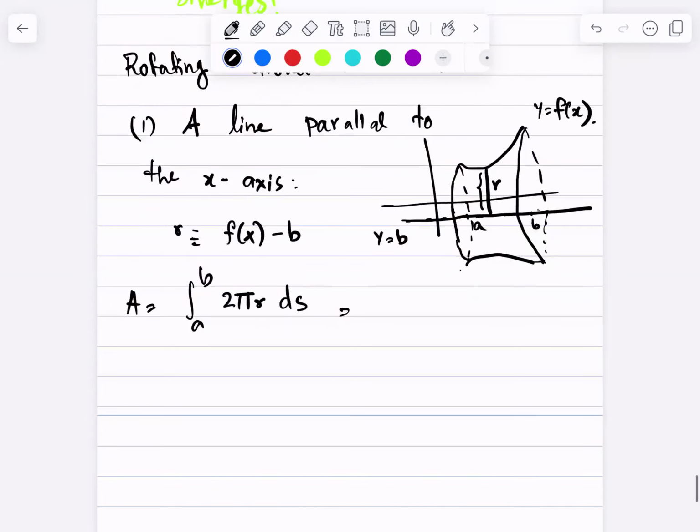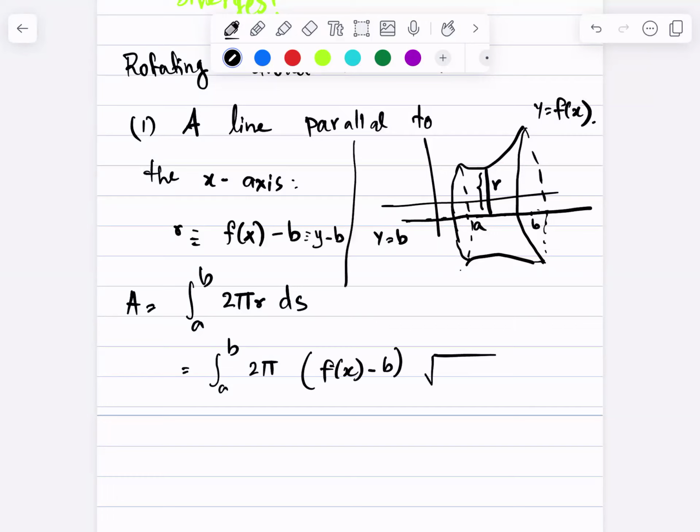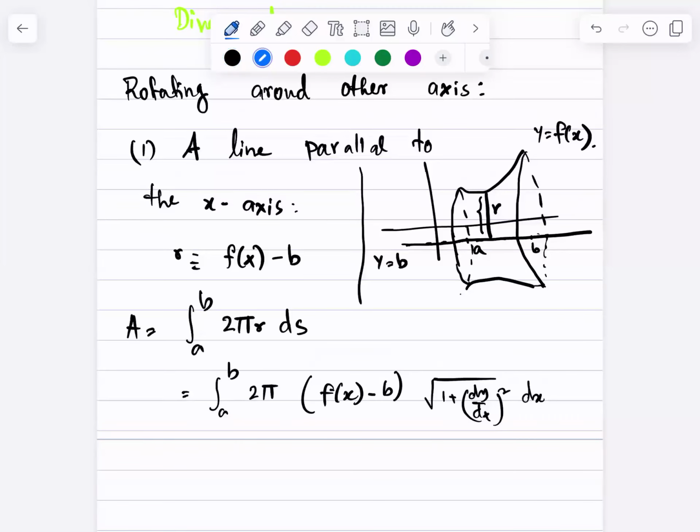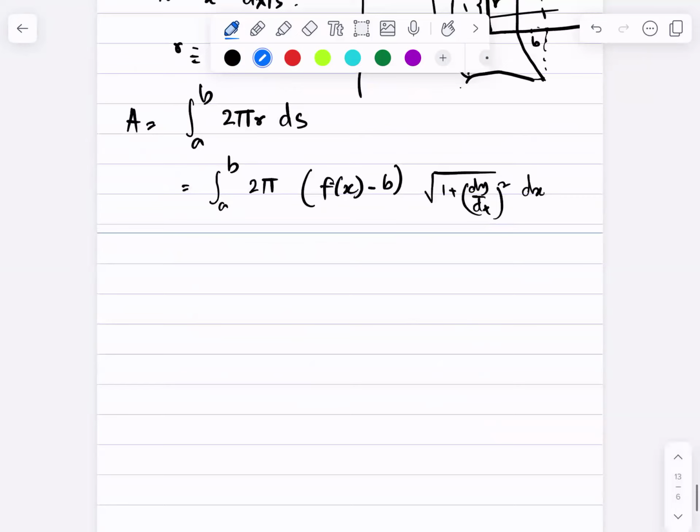So the formula will become something like that: integral from a to b of 2 pi (f(x) minus b), or I can say (y minus b), same thing, times square root of 1 plus (dy over dx) squared dx, where y is equal to f(x).